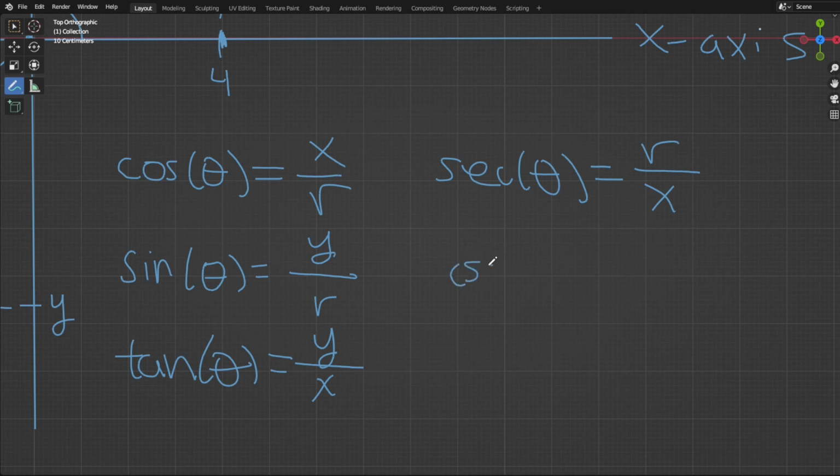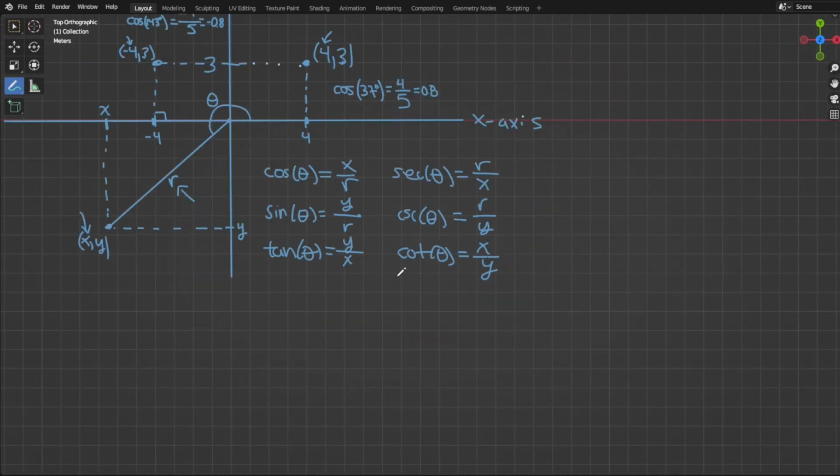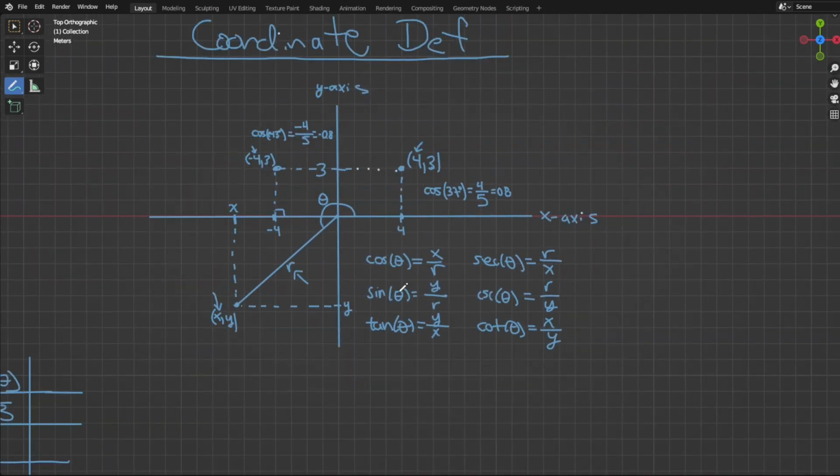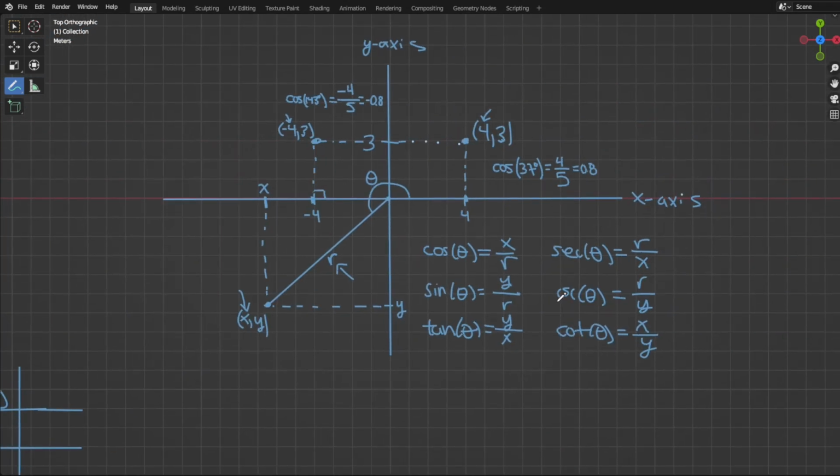And then the cosecant, same thing, this ratio with the radius on top. And then the cotangent is then this ratio inversed. That's kind of the more general version of the definition for these values.